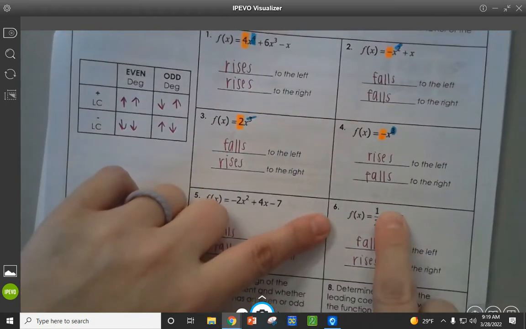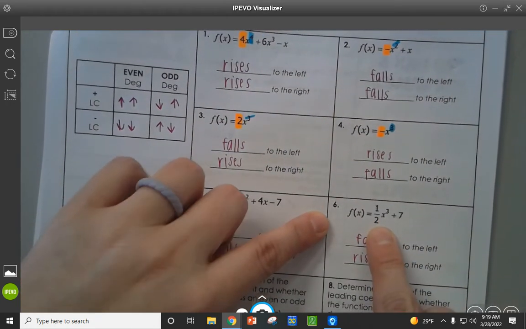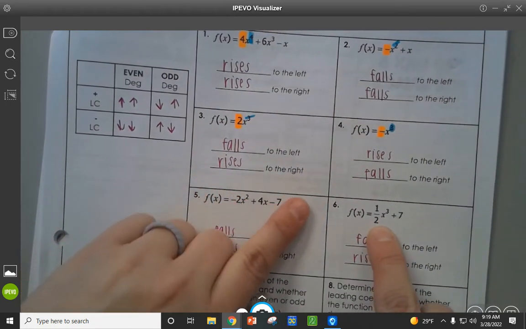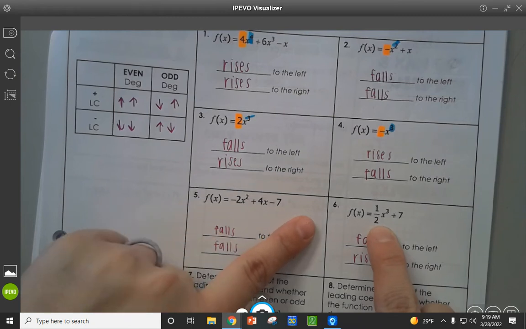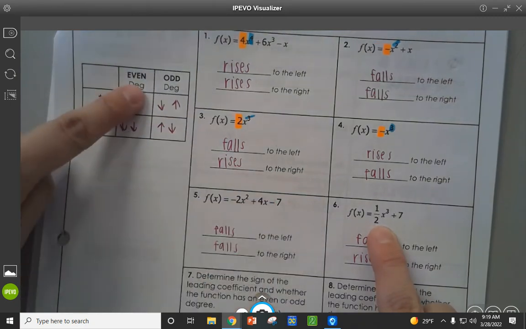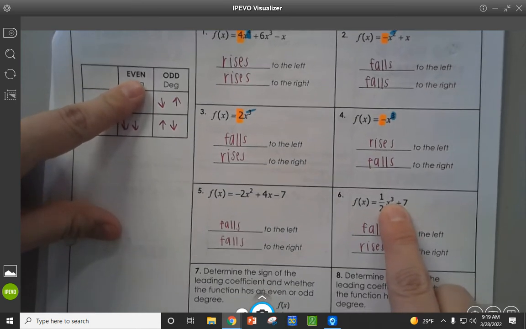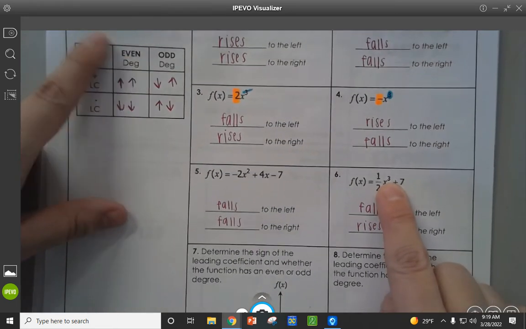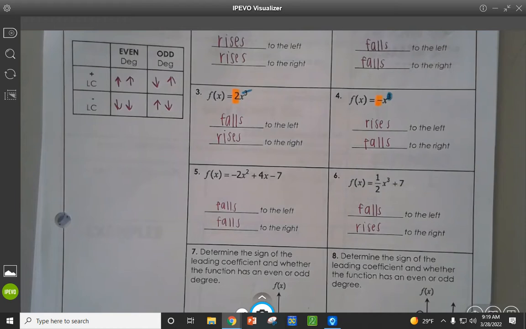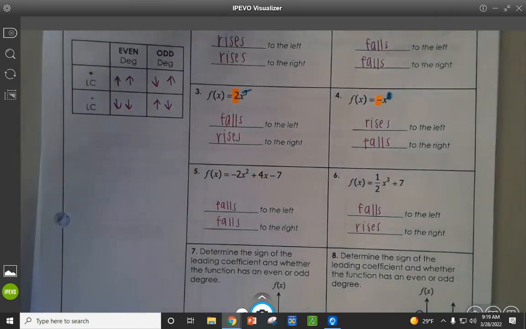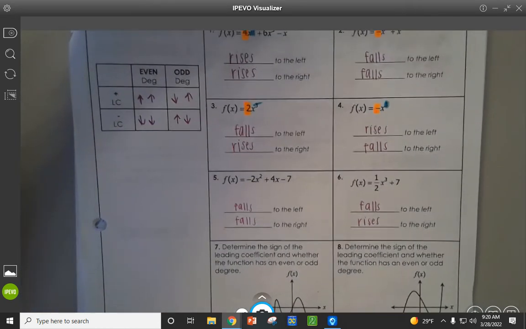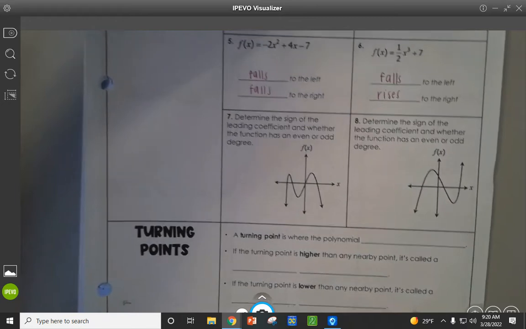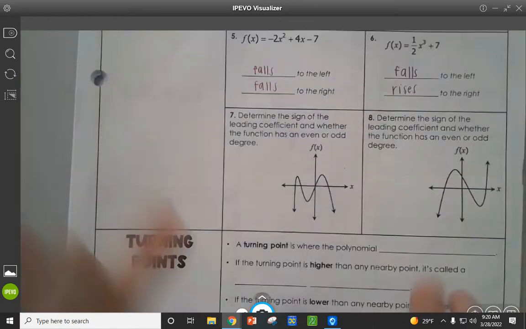And then over here, the number in the front, don't let the fraction throw you off. We only care if it's positive or negative. I don't see a negative sign, so it's positive. And then the degree is 3, which is an odd number. So falls, rises.